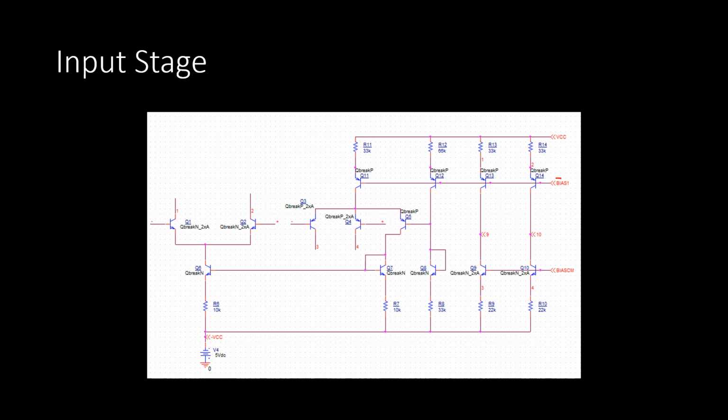The bias point from the bias stage comes in and is connected to the bases of Q11, Q12, Q13, and Q14.